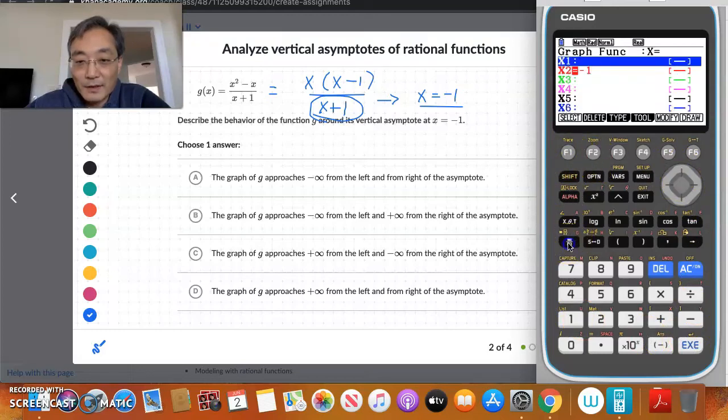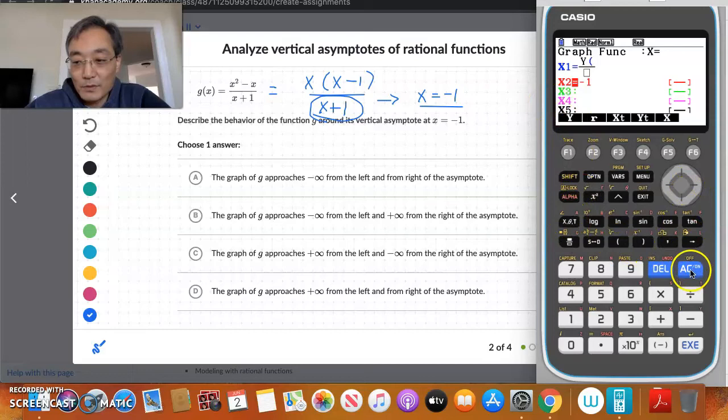So again, we're going to have x times, oops. All right, it's x, so we better set this back to y. Let's get out and change our type to y equals. There we go. And then let's put in our function for y equals.